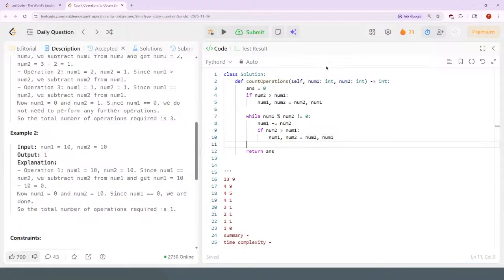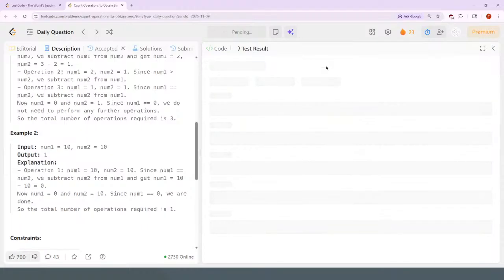I think that's fine. And then each time I do this, I increment answer counter. I return the answer, yeah, I think I return answer plus whatever the division gets me.